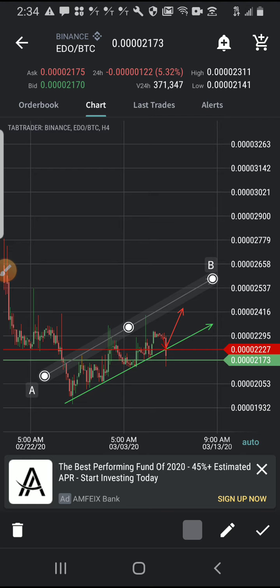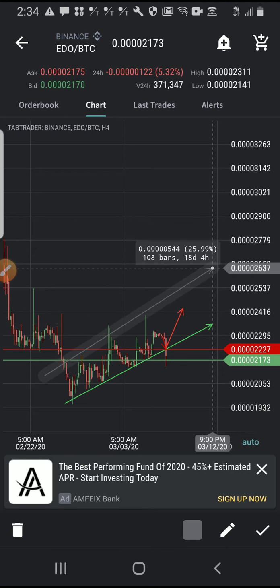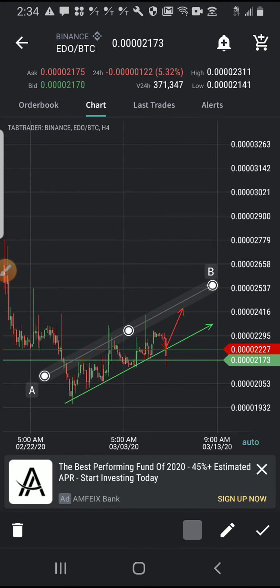Now you can't just draw it; you draw it from the multiple touches of candlesticks to a particular price level. I repeat, multiple touches of candlesticks to a particular price level as it goes up and down like a zigzag. So you draw it like that and you notice that it's following a rising wedge pattern.